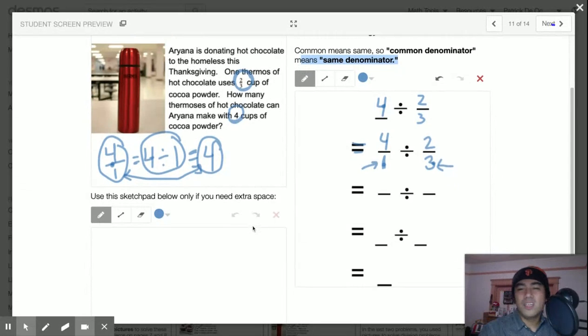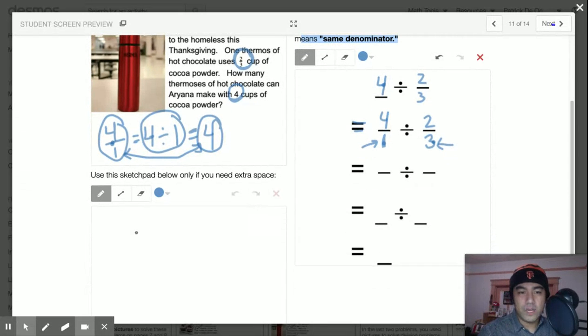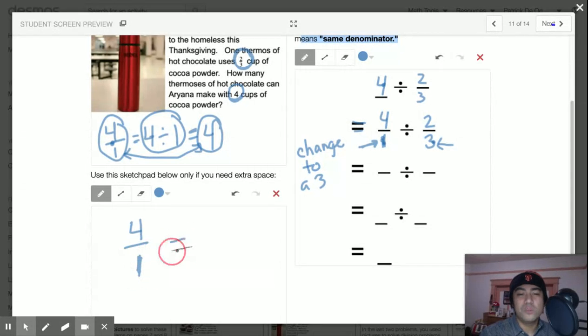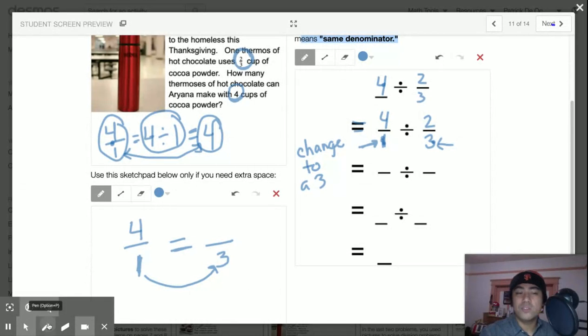Okay. Here's a hint right here. I'm going to change that 1 to a 3. Let me show you with numbers. I need to change this 1 to an equal fraction with a 3. How do I change this 1 to a 3? It goes back to what we said earlier in an earlier problem.